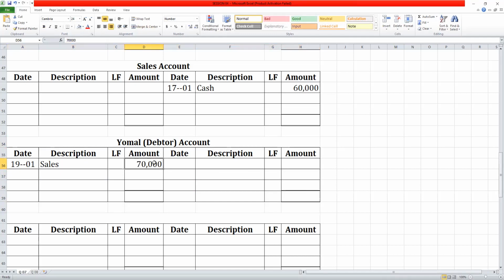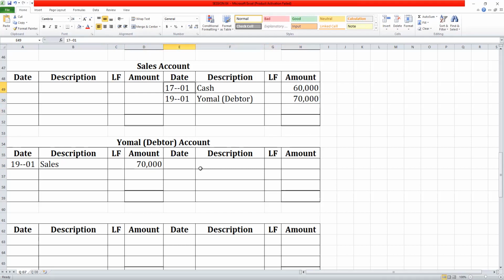Asset increases debit. Credit the sales account. 19th January, debtors, Yomal. Within brackets, debtor, right? 70,000. Are we clear? Good.